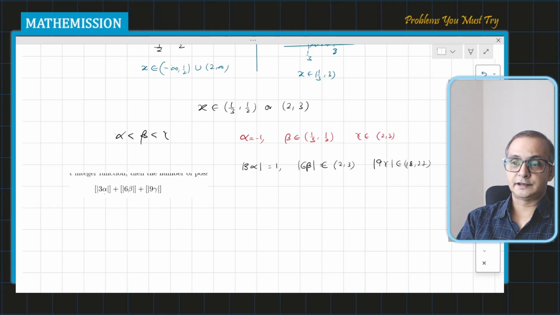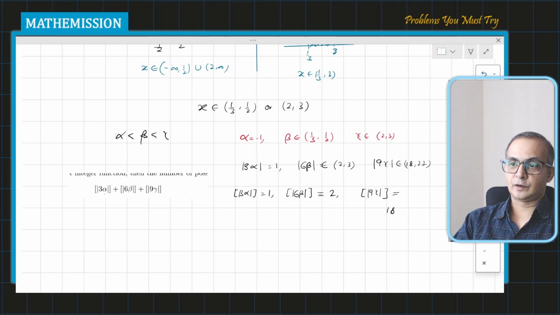Now we take the greatest integer. The greatest integer of the mod of 3 alpha is equal to 1 because it's already an integer. The 6 beta lies between 2 and 3, so its greatest integer is 2 only. The greatest integer of 9 gamma can be anything from 18, 19, 20 up to 26.